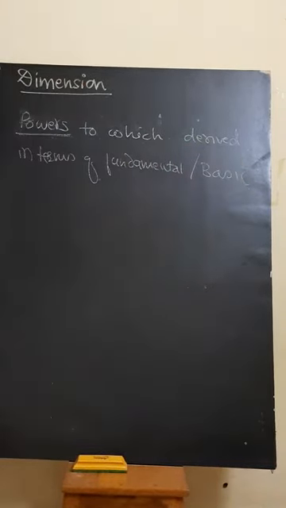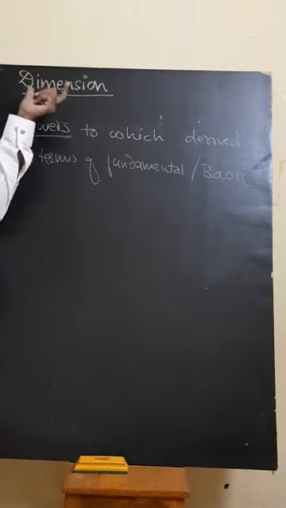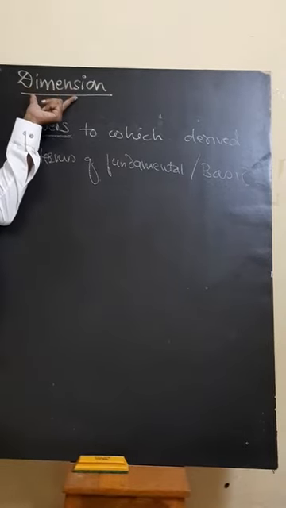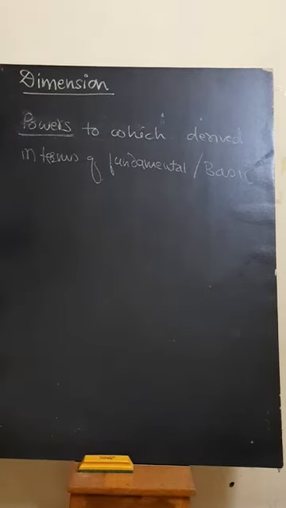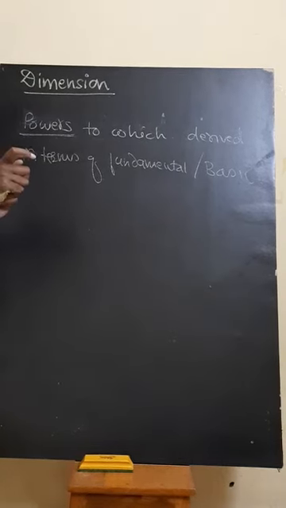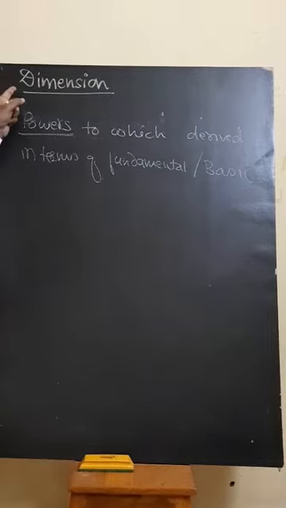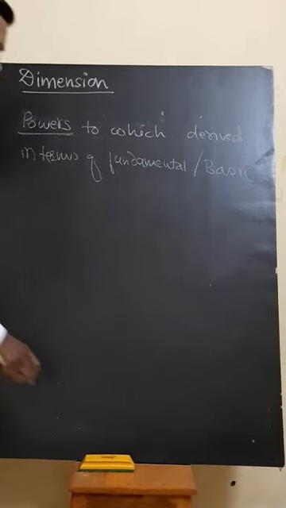In other words, dimensions of derived quantities are nothing but the powers of fundamental physical quantities. Powers of fundamental physical quantities are nothing but the dimensions of the physical quantity.